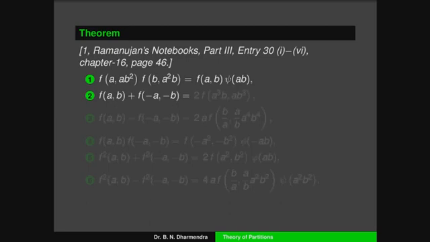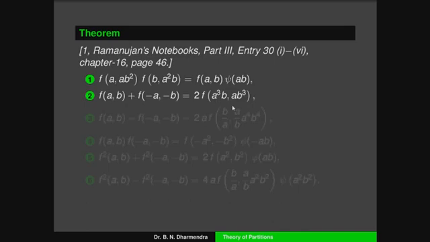Similarly, the second one: f(a, b) plus f(-a, -b) is equal to 2 times f(a^3 b, a b^3). You can observe it's a very beautiful result, the powers here are a cube and b cube.